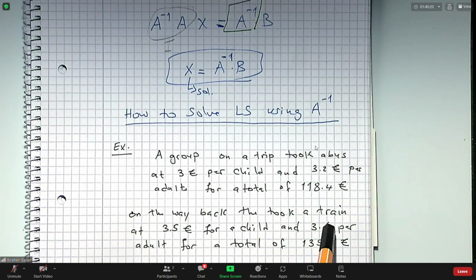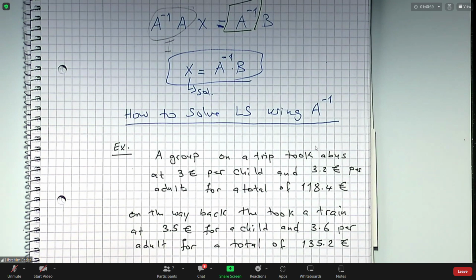On the way back, they took a train at 3.5 euros per child and 3.6 per adult, and the total was 135.2 euros. Now the question is, how many children were in this group and how many adults were in this group.